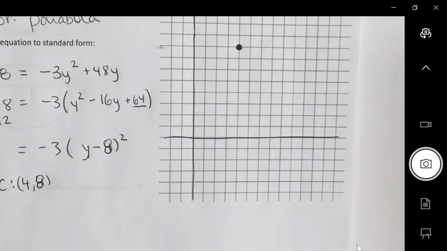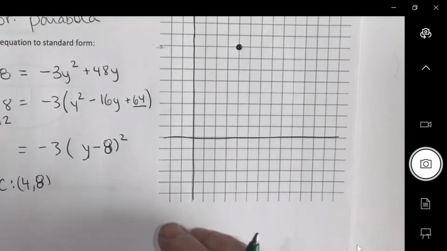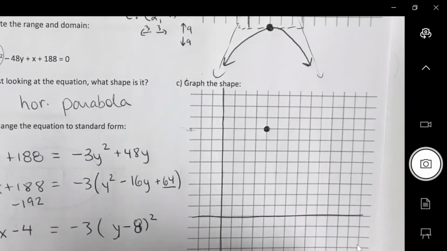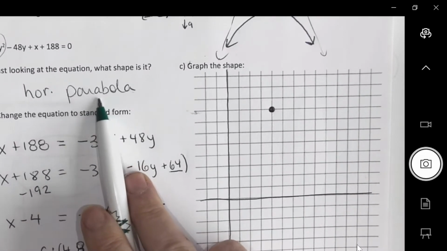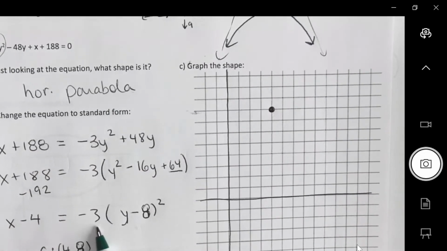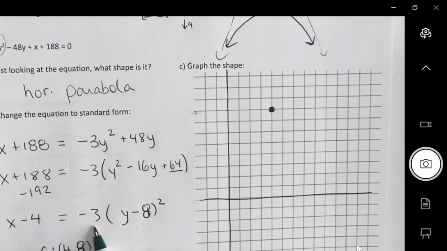Which direction do we make this? You have up, down, left, right. We said it's a horizontal, so now we're either left, right. And I'm looking at this.